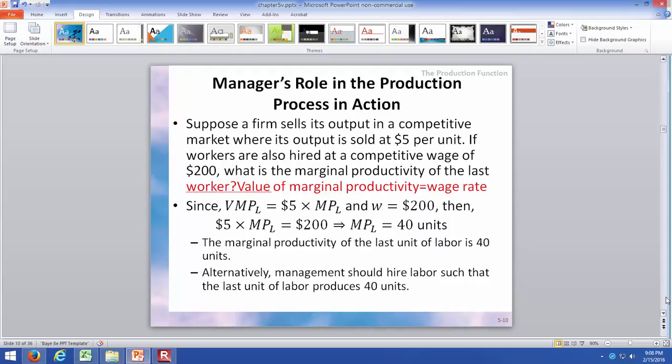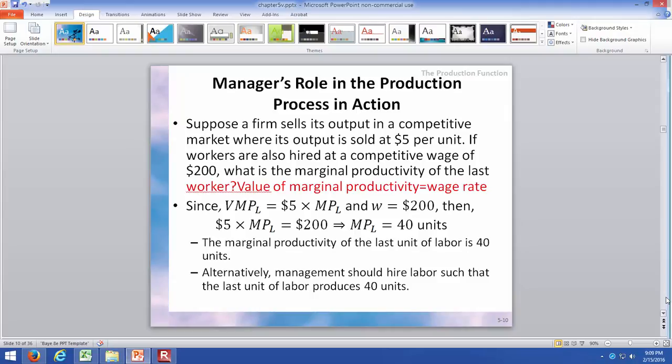So let's look at an example here. Suppose a firm sells its output in a competitive market where the output is sold at $5 per unit. If workers are also hired at a competitive wage of 200, what is the marginal productivity of the last worker? Value of the marginal productivity is equal to the wage rate.